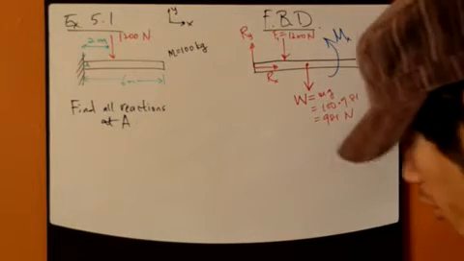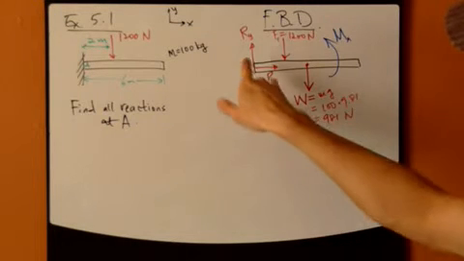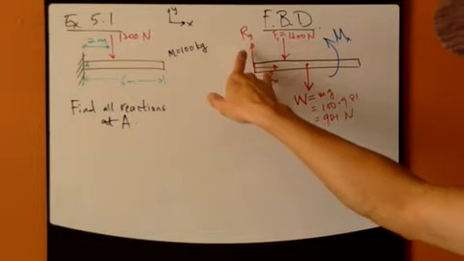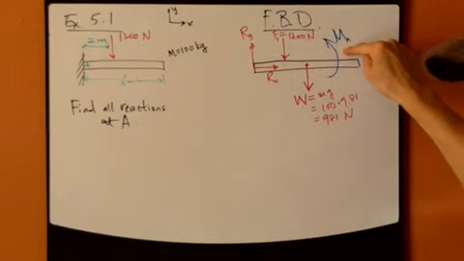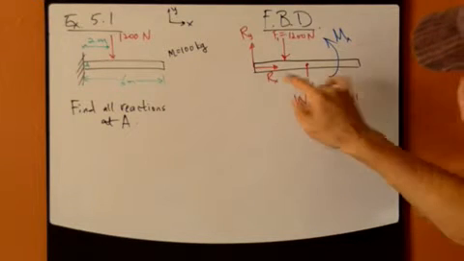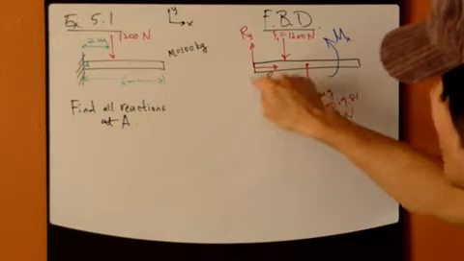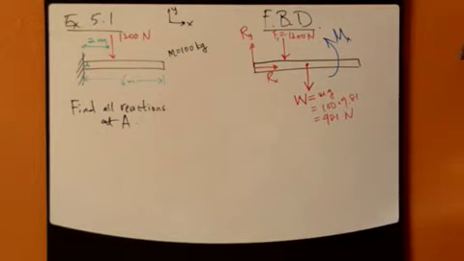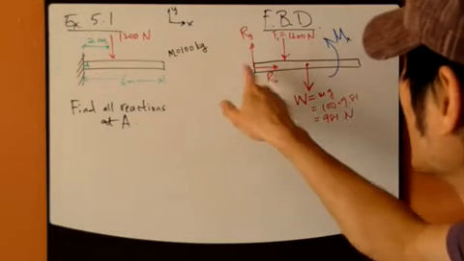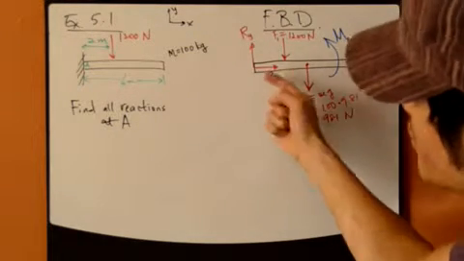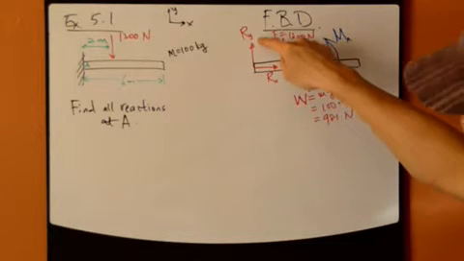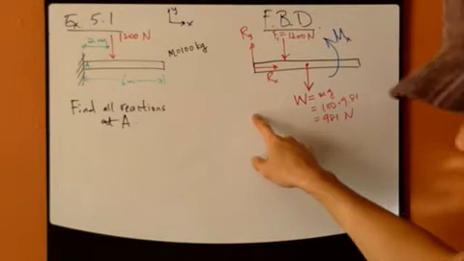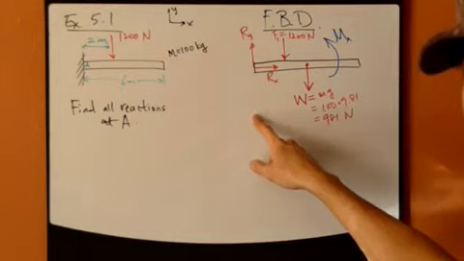Now, I want to point out that the directions of the two reaction forces, as well as the reaction moment at point A, are assumed. I don't know actually whether this Rx points to the right. It could be pointing to the left. Ry, again, could be pointing downward in reality.